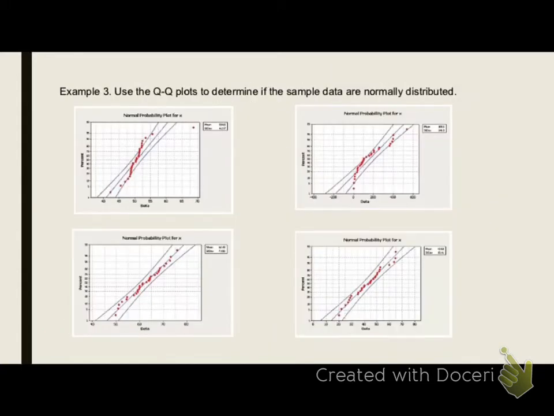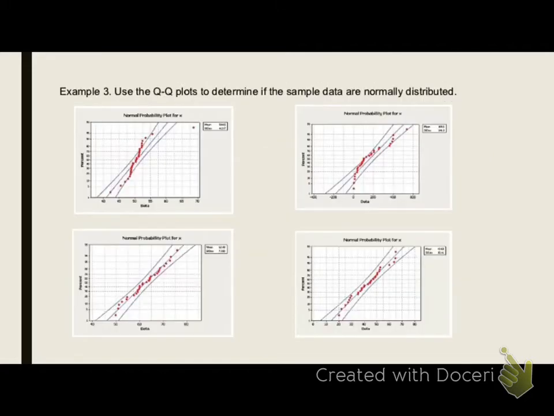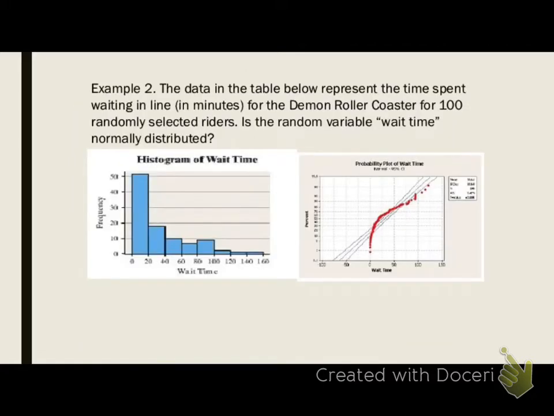Here we have a histogram and a normal probability plot. So this is the original data. Then they put that data onto a normal probability plot, which is this figure right here. I don't know why it keeps going away. There we go. So, what would I say about this?